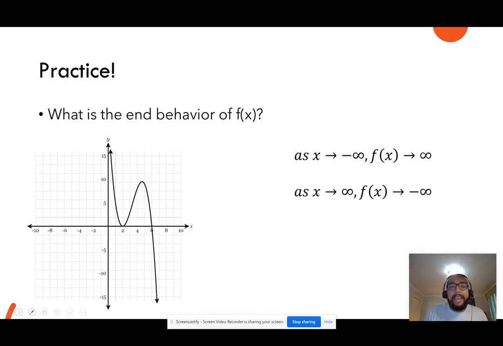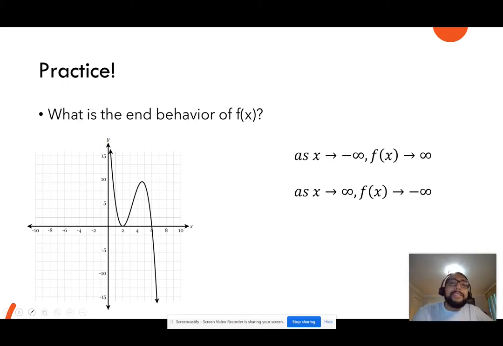So when discussing the end behavior of a polynomial given a graph or an equation, we're going to say this notation. Yes, technically you can say the right is going up, left is going down, but we want that mindset of using the correct notation, saying the correct things. This is big, especially for calculus. But as x approaches negative infinity, f of x is approaching infinity. As x approaches positive infinity, f of x is approaching negative infinity.